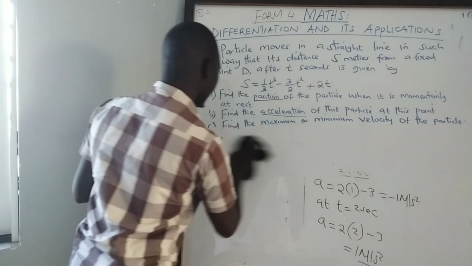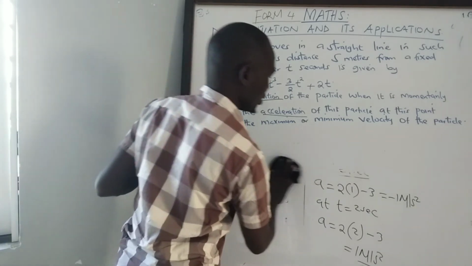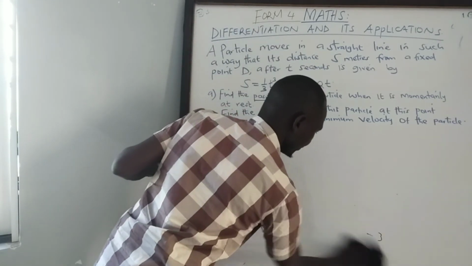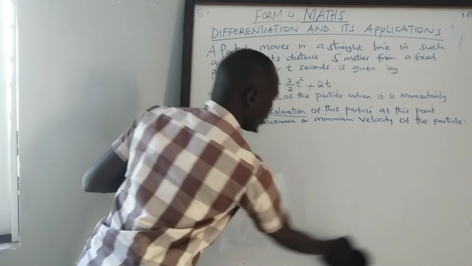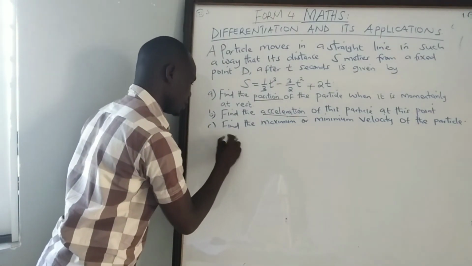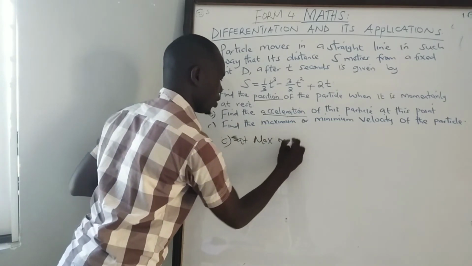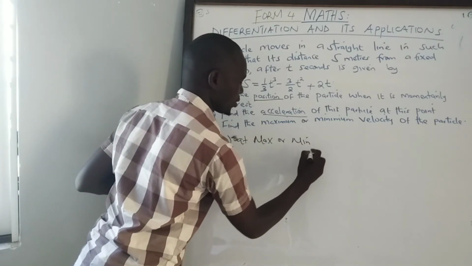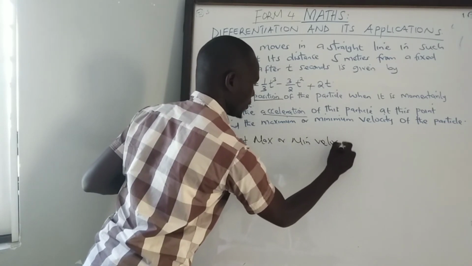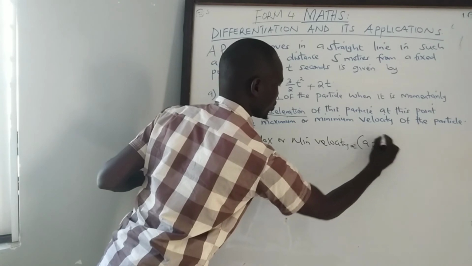So we are supposed to find the maximum or minimum velocity. And we know at maximum or minimum velocity, the acceleration is usually 0.